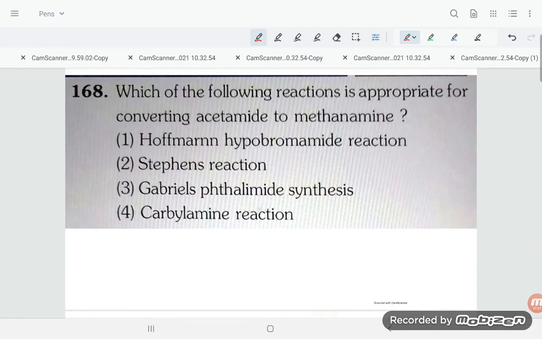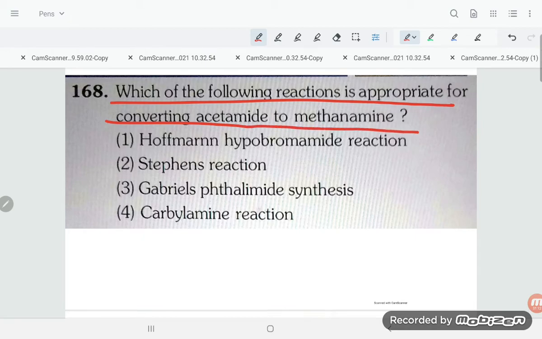168. Which of the following reaction is appropriate for converting acetamide to methanamide? Acetamide is CH3C double bond O, and here is NH2.